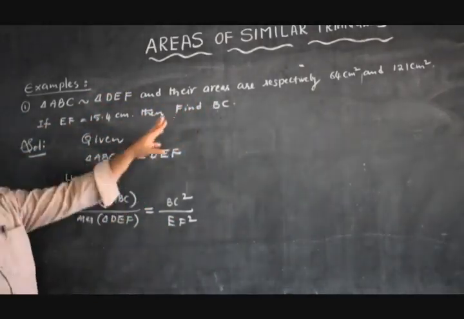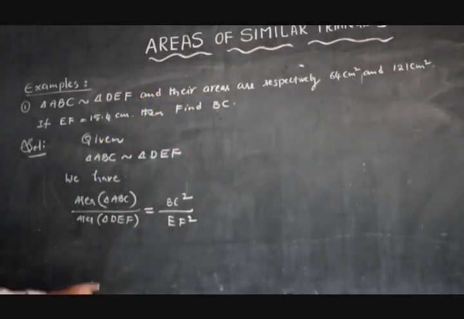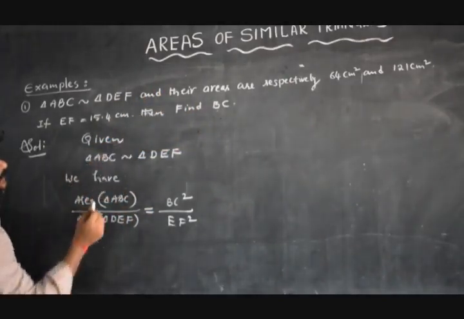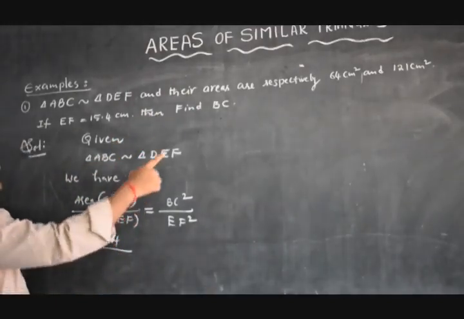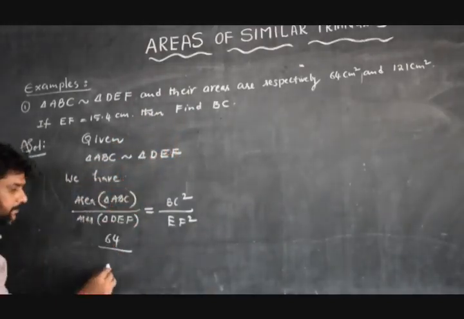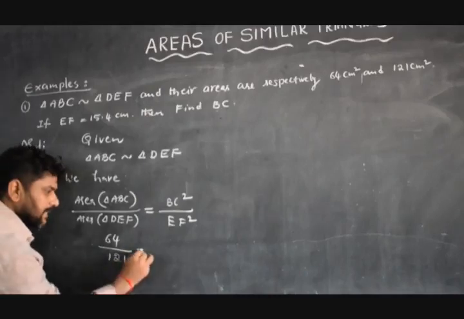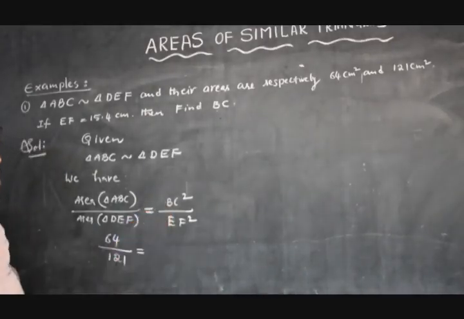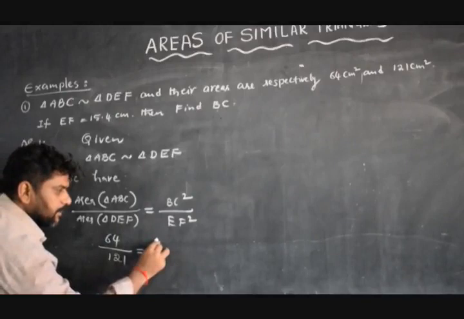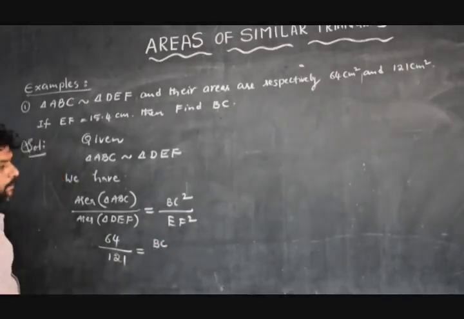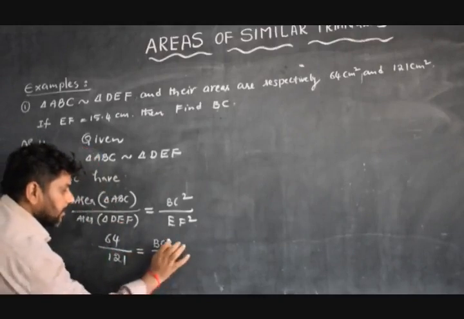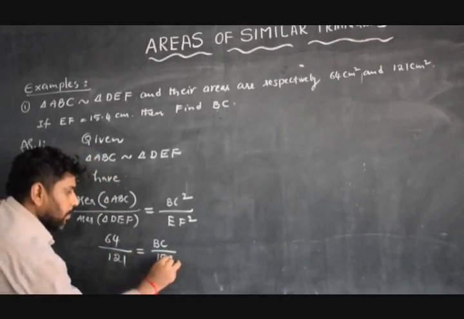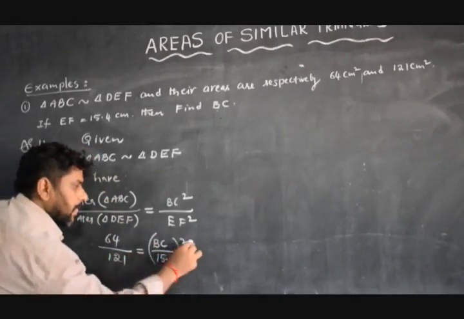Now substitute the given values in the formula. Area of triangle ABC is 64, by area of triangle DEF, which is 121, is equal to BC divided by EF value 15.4 whole square.